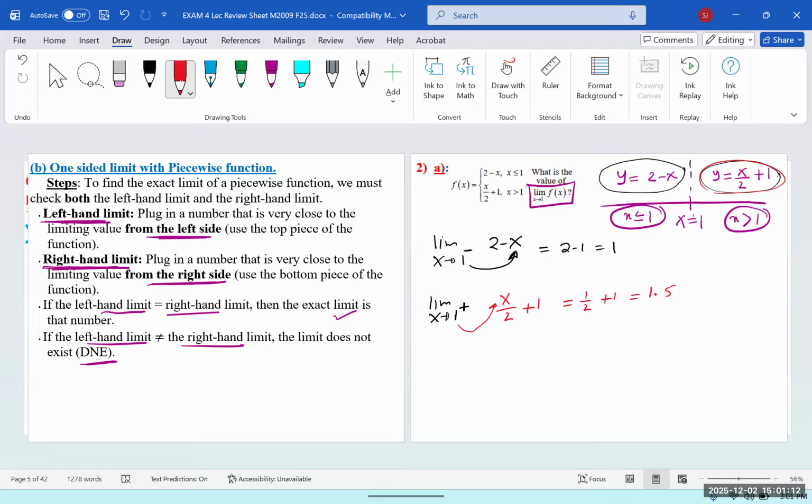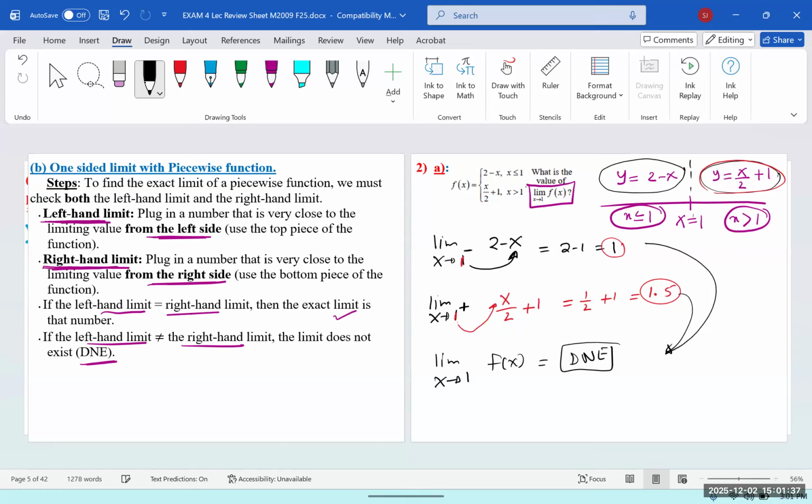Now the left side is telling you your y value is 1, but the right side is telling you your y value is 1.5. Since you have two different y values for the same x value 1, that means the exact limit at 1 of this function doesn't exist. The left and the right, they are not the same number.